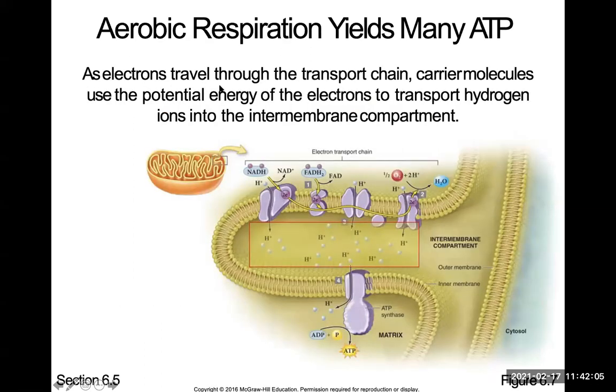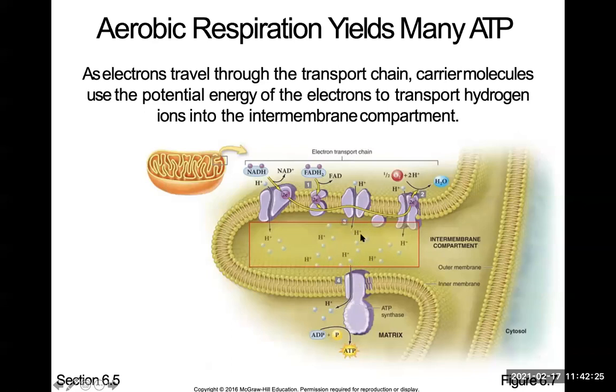As electrons travel through the transport chain, carrier molecules use the potential energy of the electrons to transport hydrogen ions into the intermembrane compartment. This is basically saying what I just went over. These hydrogen ions are pumped inside, high in concentration, and they want to leave.